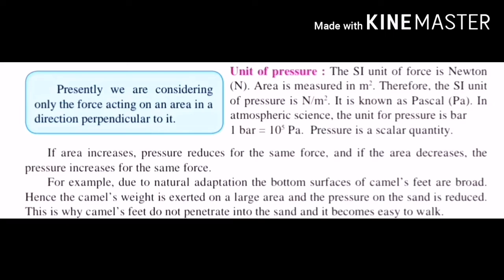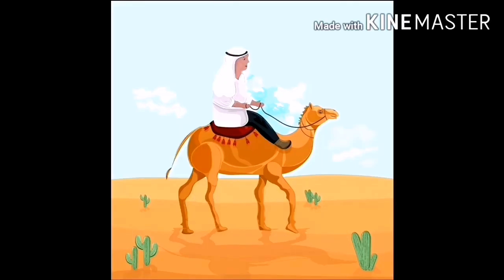And yes, it is also known as the Pascal, which is denoted by Pa. And pressure is a scalar quantity. Let's verify how pressure is a scalar quantity. Students, see this picture.